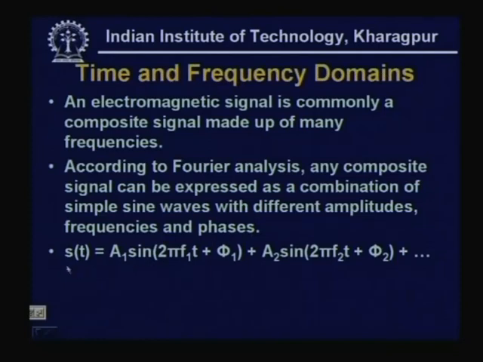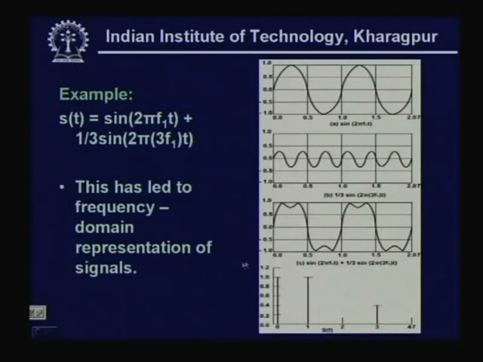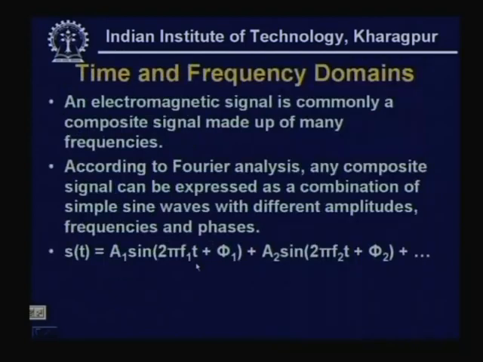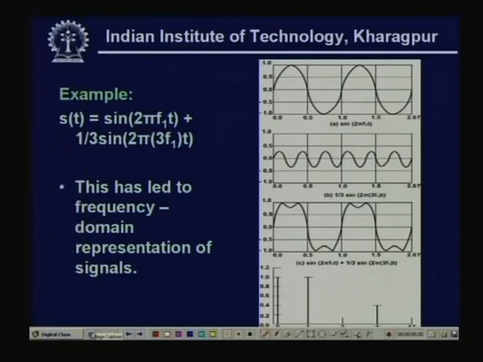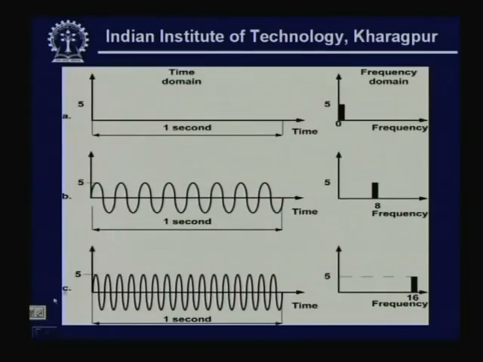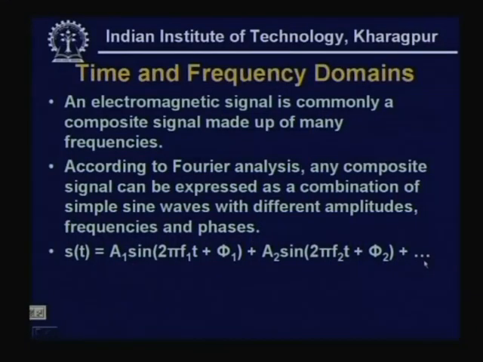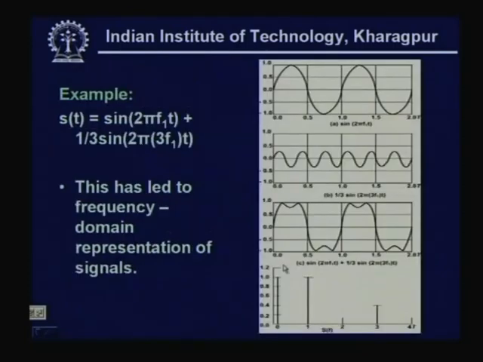That means we can express any composite signal in terms of sine waves having frequency f1, having frequency f2, having frequency f3. So, it is an infinite series, many frequencies. Now, here is an example.